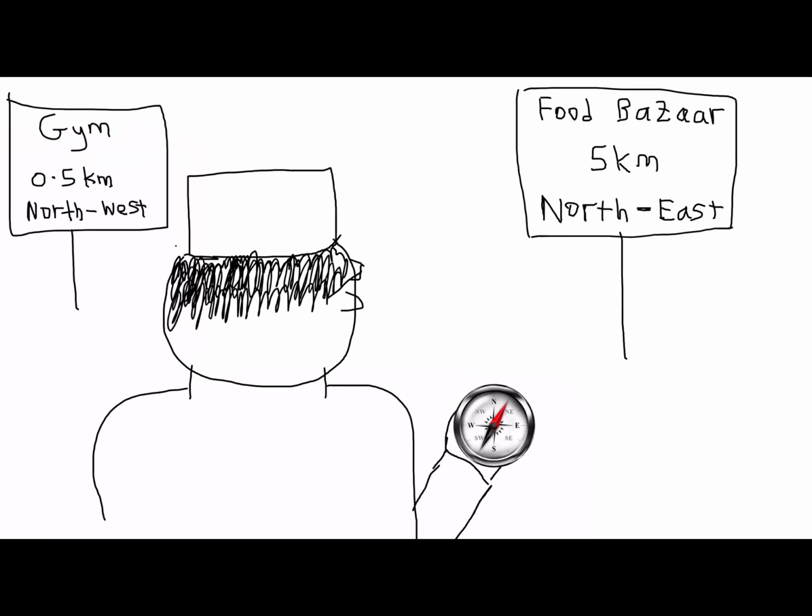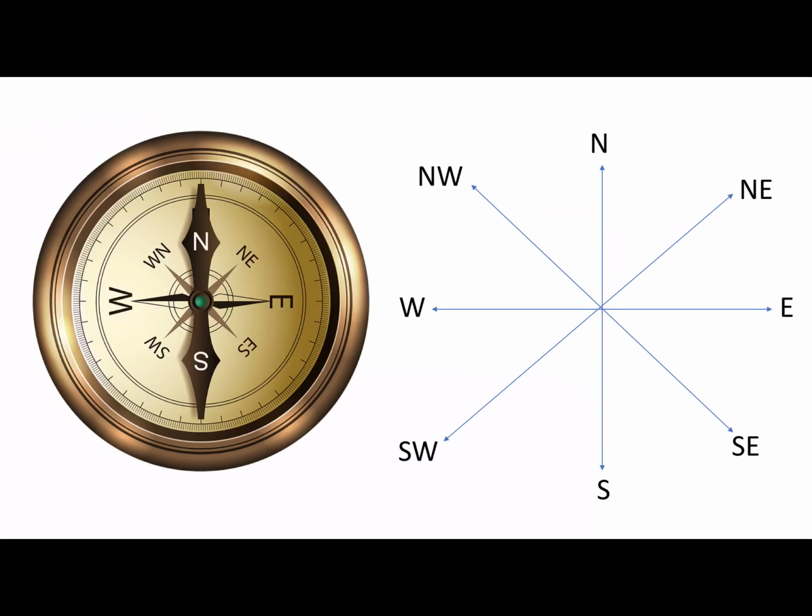Bearings are usually determined using compass. Okay, I'm sure you know or have heard about this. Compasses is what allowed people to go from one place to another in the past, and what they are actually following is bearings. Okay, let's proceed.